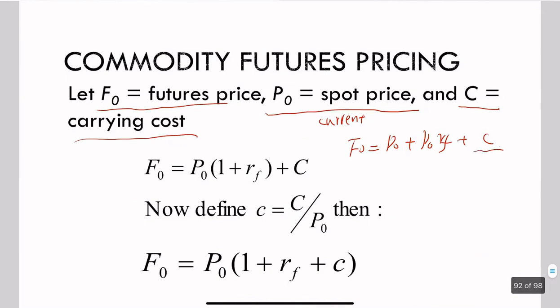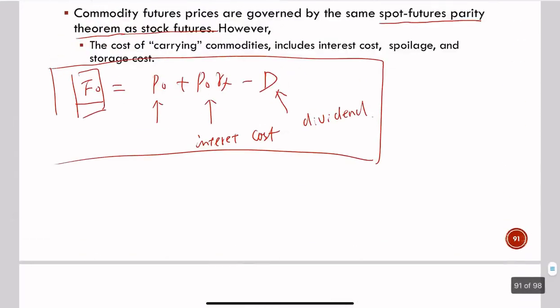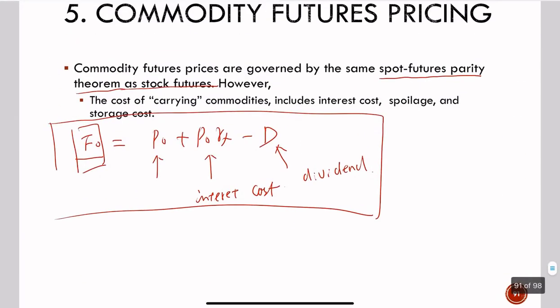So what is this C? Well, because we're talking about commodities, compared with equity, we have some additional cost, right? For example, we could have storage cost, right? So if you buy wheat, then you have to store wheat in a storage unit, and possibly you have to pay some fee to that storage unit.